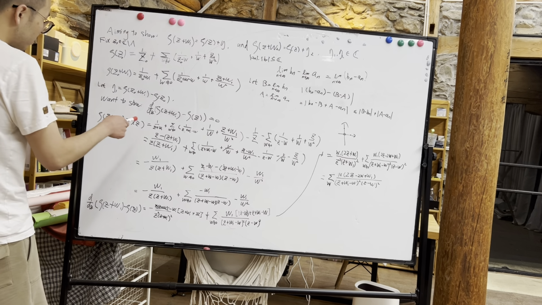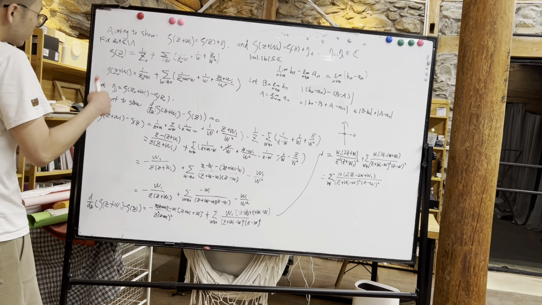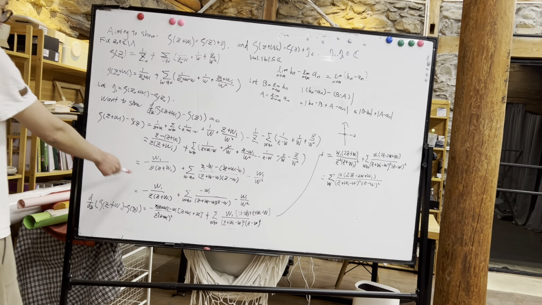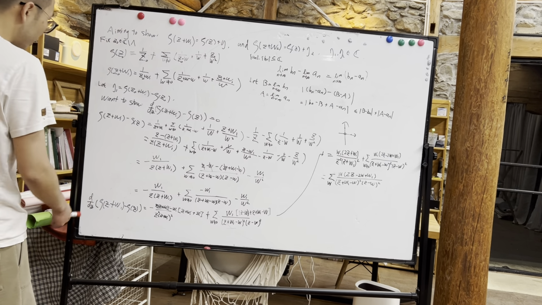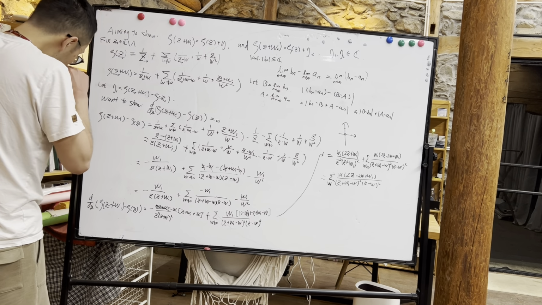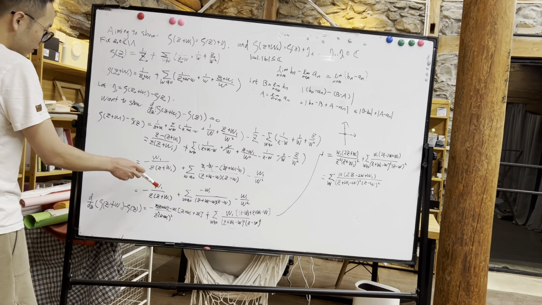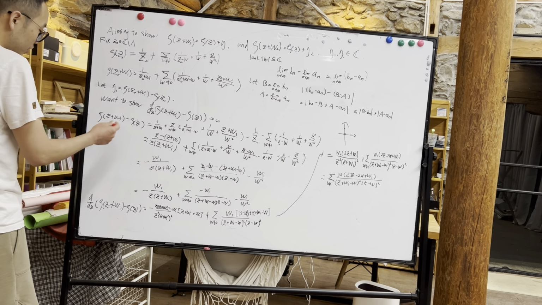I think it's minus the lattice and also the origin, because the origin must also be excluded. And this is the limit function of this one.